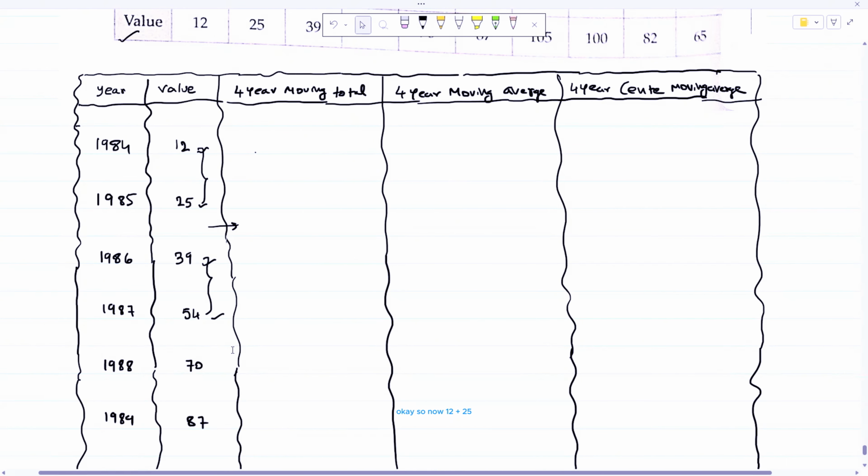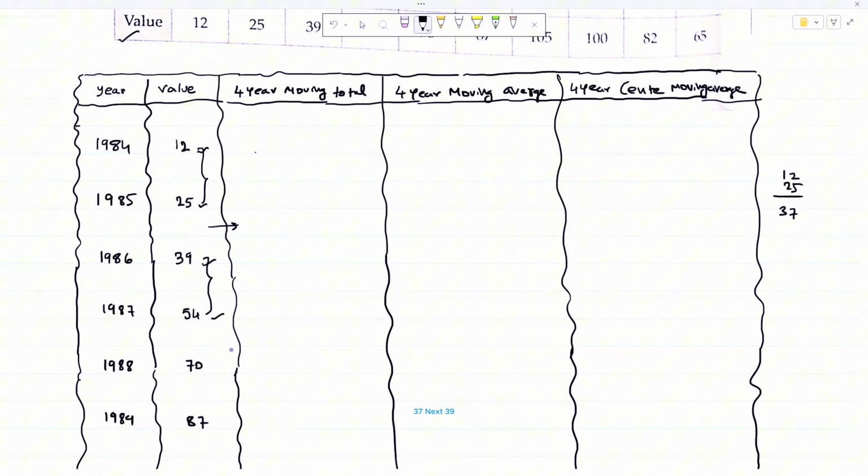Got it? So now 12 plus 25, 37. Next 39, 76, plus 54, it's 130. You should record this 130 here. And next divide this 130 by 4 for entering the moving average.